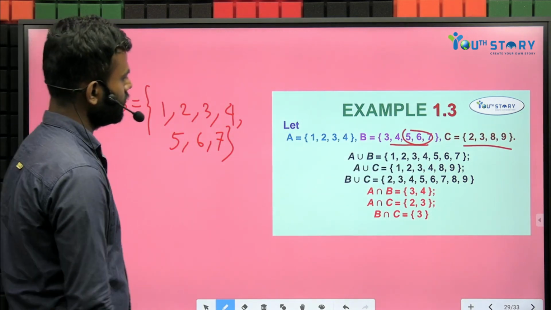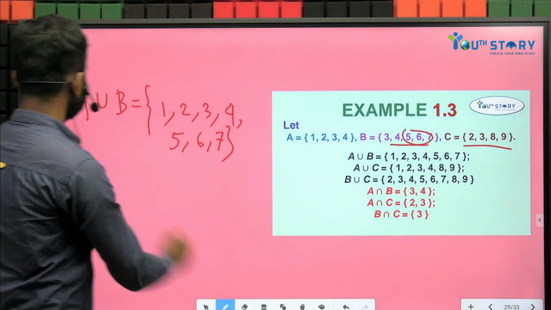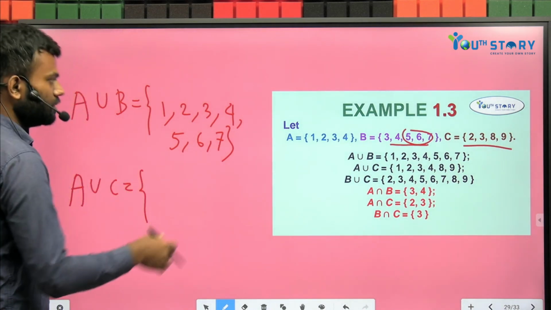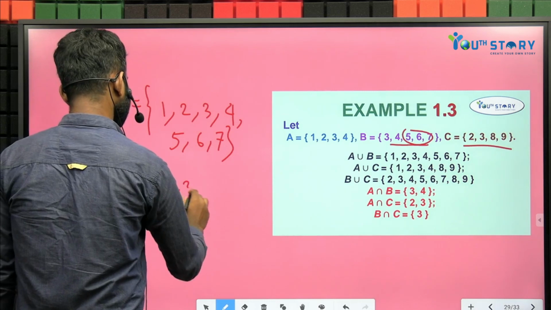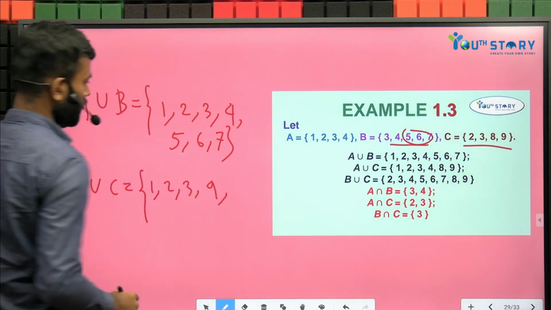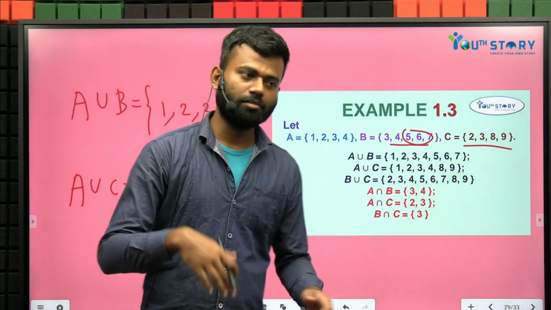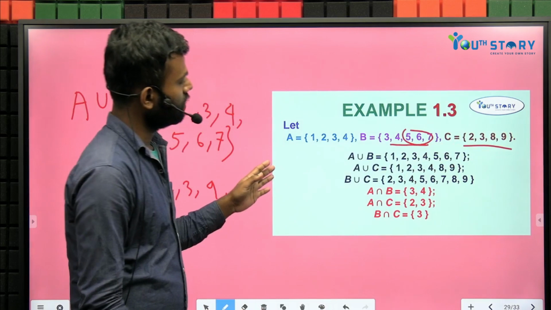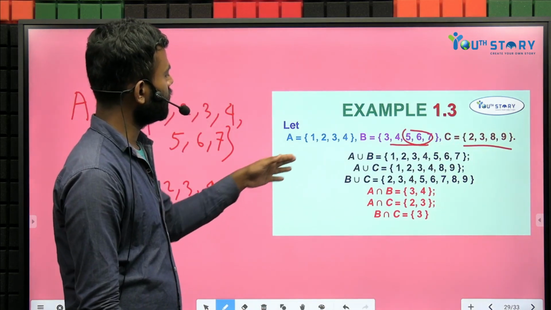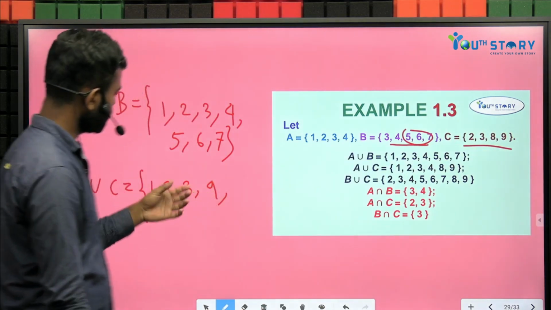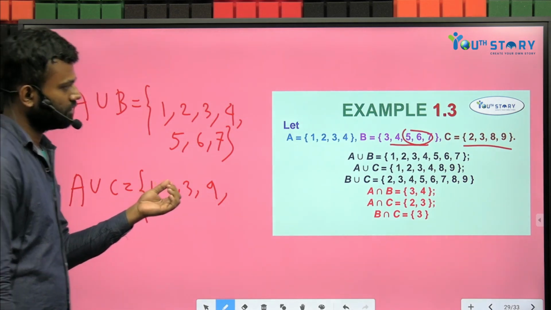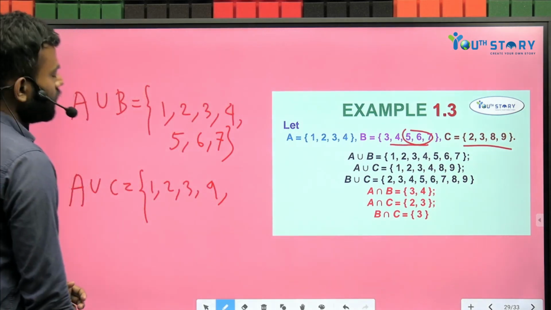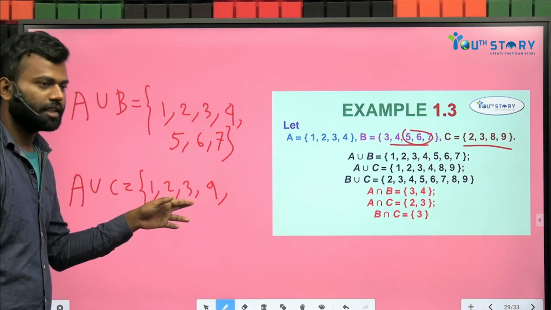Now A union C: at first we collect all the elements of A, and the result will be 1, 2, 3, 4, and then all elements of C, such that the elements which we collected from A are kept. So basically 2 and 3 we have already collected here.